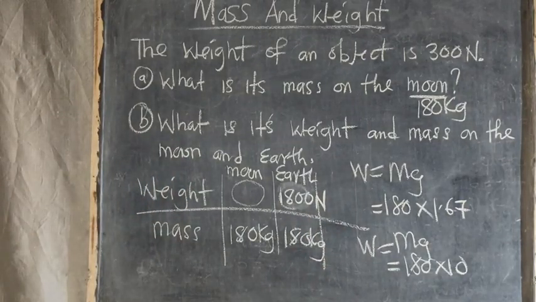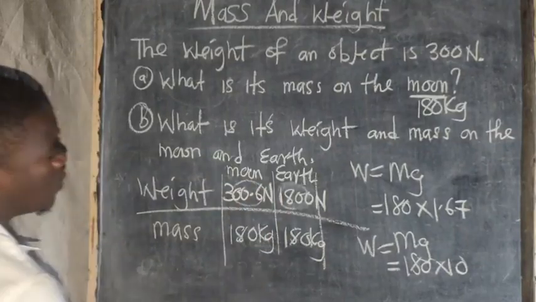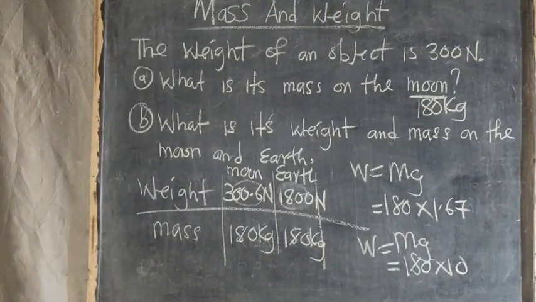That is 300.6 newtons, like that. This is how we've calculated. So this is what we are supposed to do on the earth, like that.